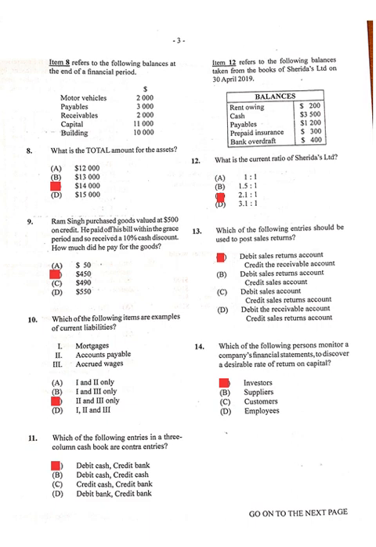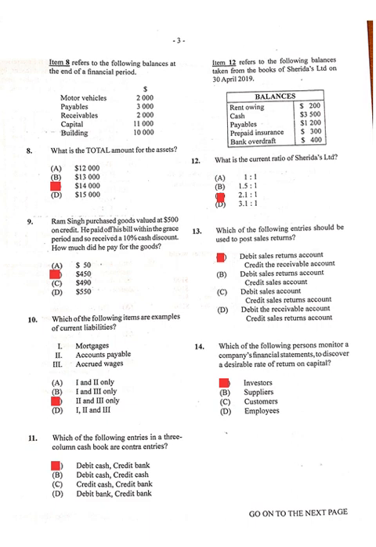Item 12 refers to the following balances taken from the books of Sheridas Limited on 30 April 2019. And we have a table with some balances. Rent owing is 200, cash 3,500, payables 1,200, prepaid insurance 300, bank overdraft 400. It says, what is the current ratio of Sheridas Limited? Current ratio, the formula is current assets divided by current liabilities.